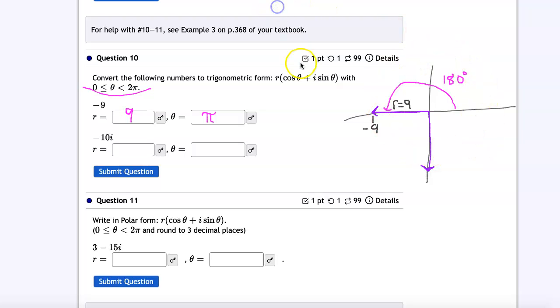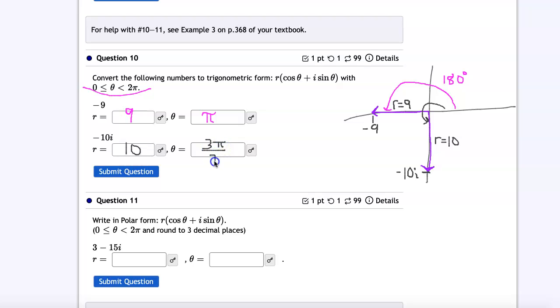Down here we have negative 10i, so this notch right here is my negative 10i notch. The radius length would be a positive 10. Starting from the positive x-axis and coming around here, this is 3 pi over 2.